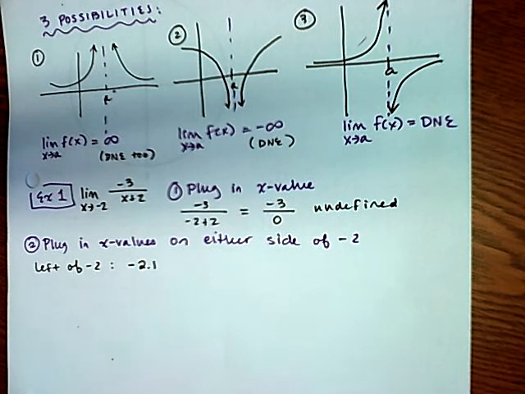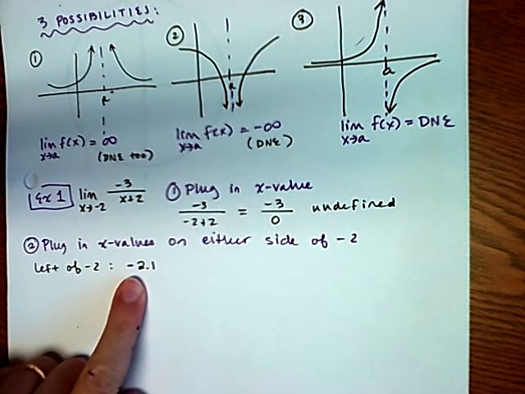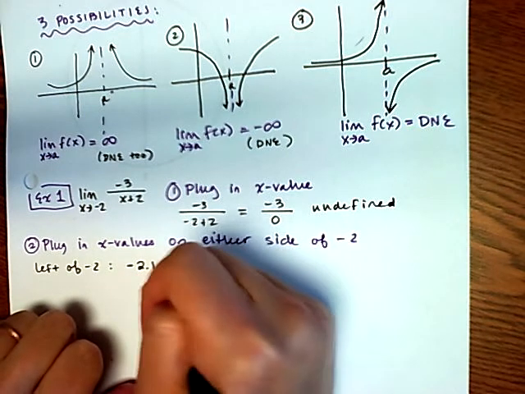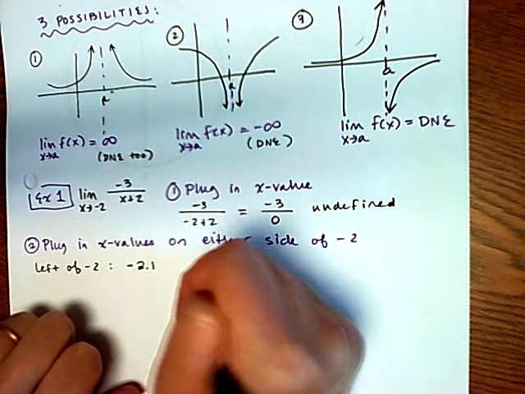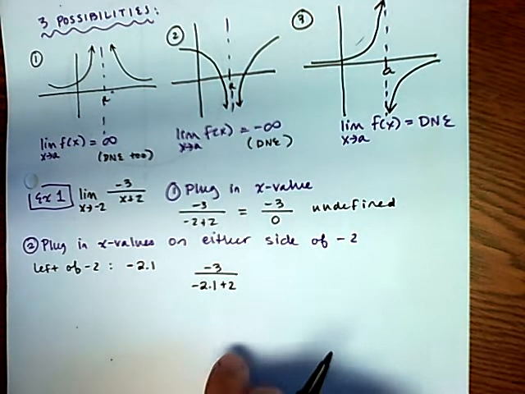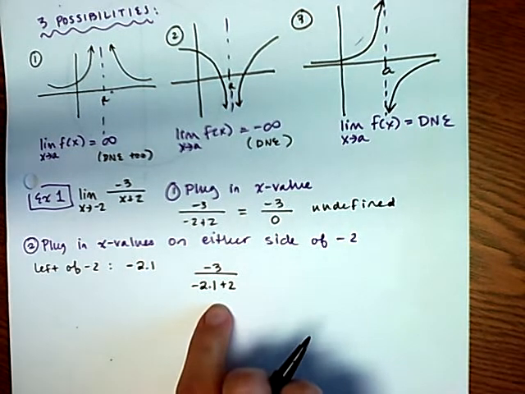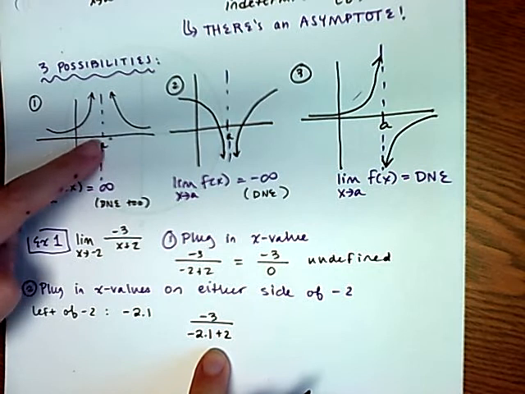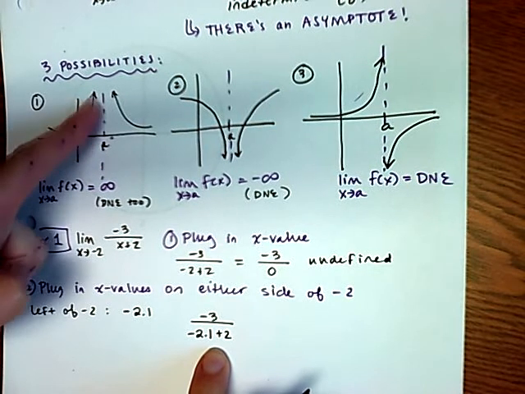So what happens when I plug in -2.1 for x? I get -3 over -2.1 plus 2. The important thing I want to stress is that I don't actually care what the answer is. I just care whether my answer is positive or negative. If I get something positive, that tells me that as I approach from the left, the asymptote is going up.